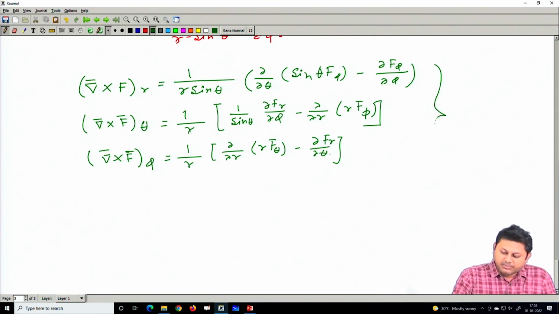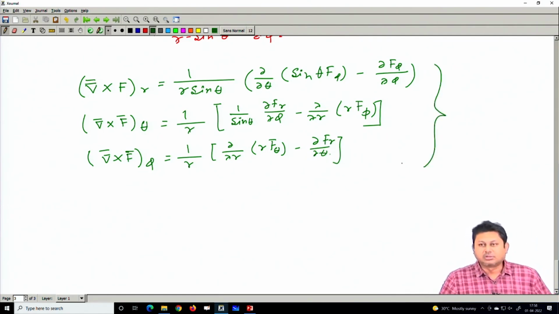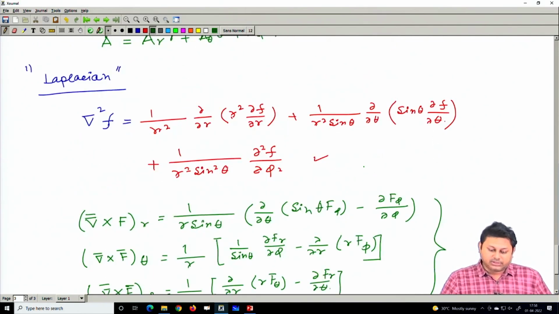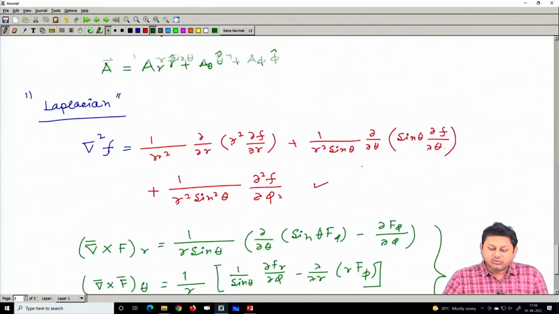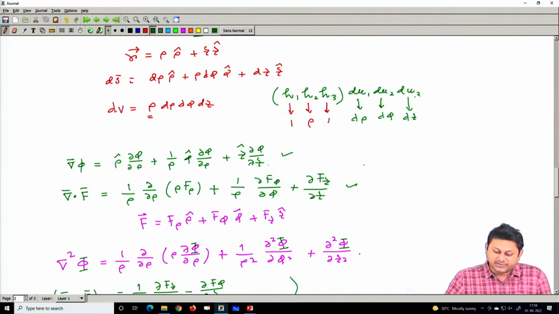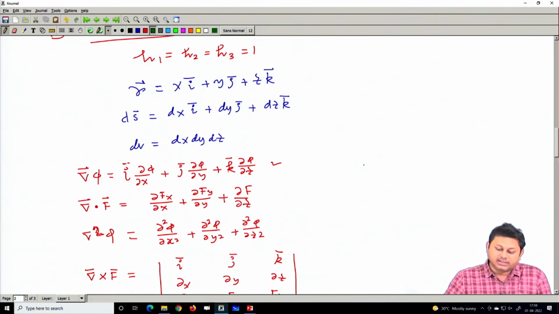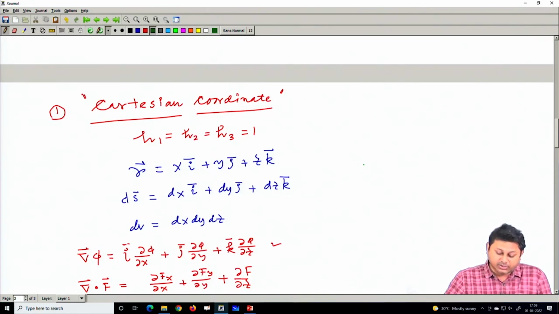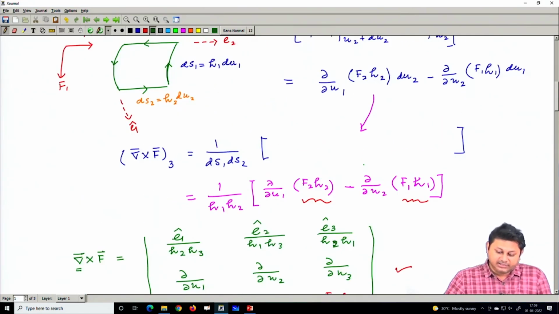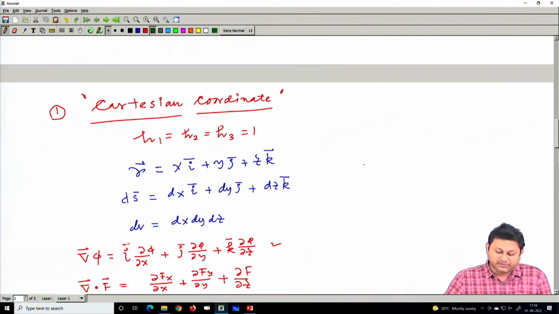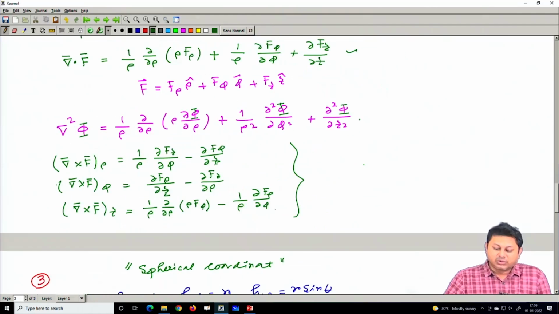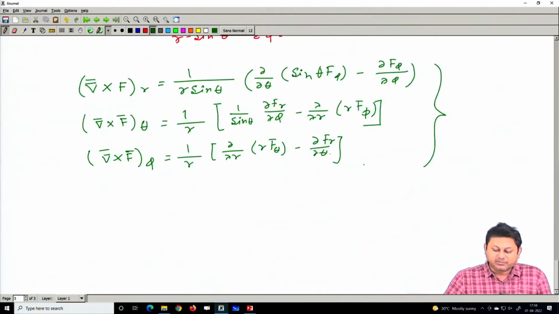So, these are the complicated expressions for the curl when we are using the spherical polar coordinate system. I have just written down all the expressions for the different coordinate systems: how the volume elements are, what the scaling factors are, etc., and in general how one can calculate them. That was also done in the previous class and in this class. So, I am not going to extend any more. Please practice and check the expressions from the standard books.